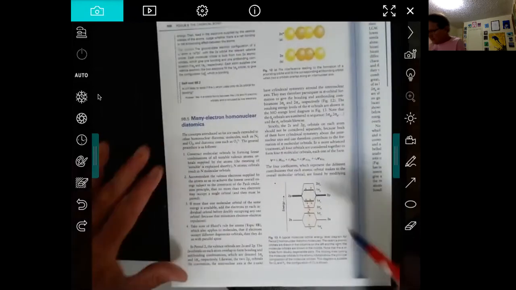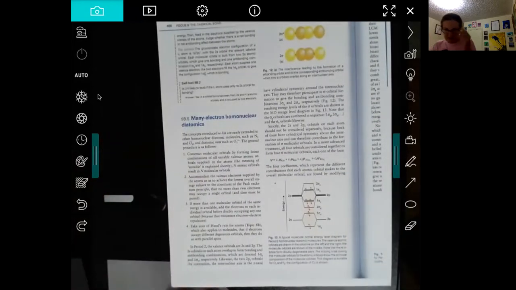So let's just take a minute to create a diagram for something bigger. So I'm going to go to some software that's super easy to use. It's called WebMO.